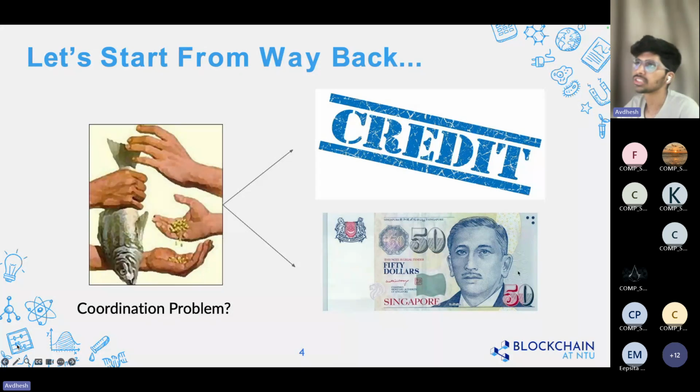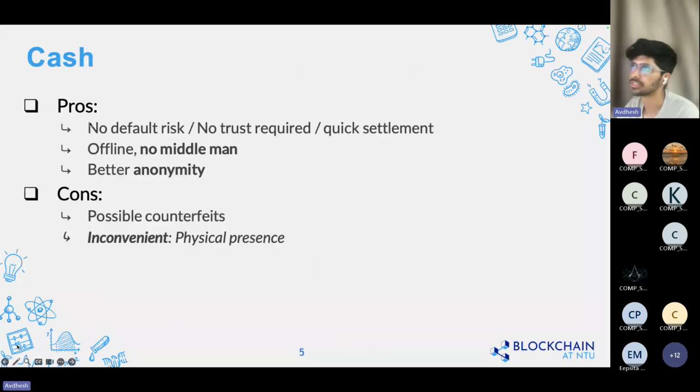So for cash, we do have pros and cons, right? The pros are basically that there's no default risk, no trust is required. As you can see, even on the INR note, there's a small box written, like, I'm responsible to pay a certain amount of goods or services to the bearer.